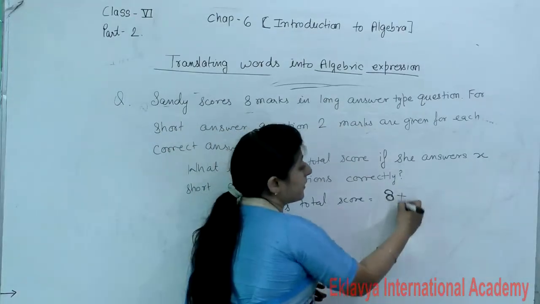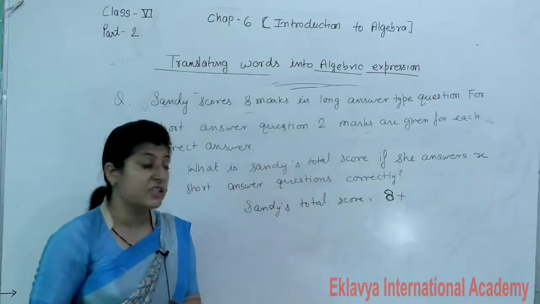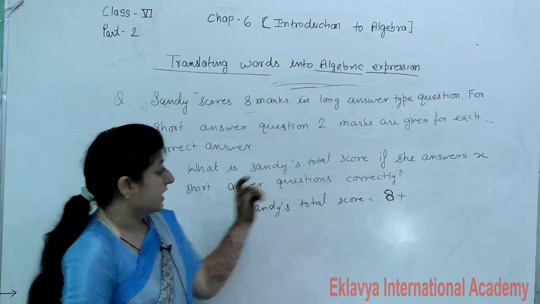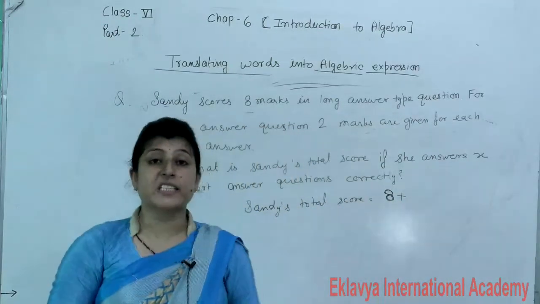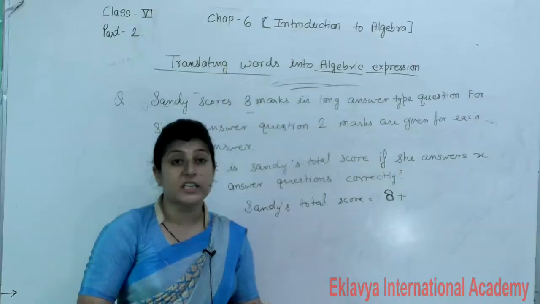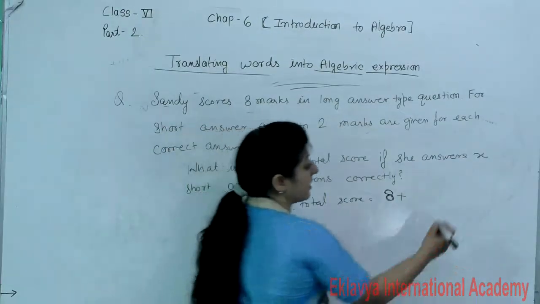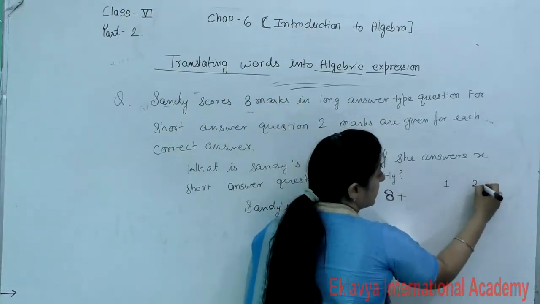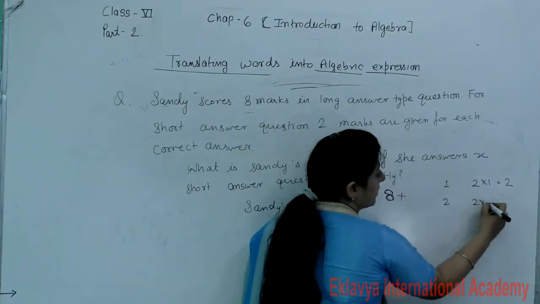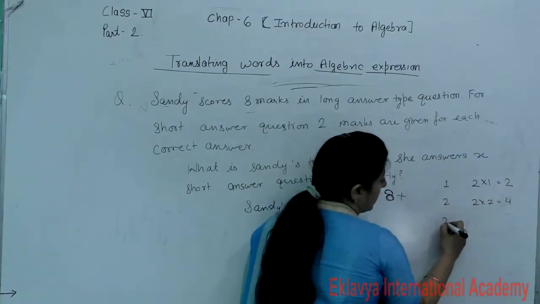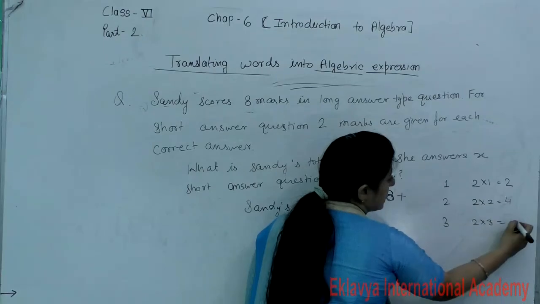For short answers, how many correct answers did she give? x correct answers, and each correct answer is 2 marks. Suppose if she had given one correct answer, her marks would be 2 into 1, 2. If 2 answers, 2 into 2, 4. If 3, 2 into 3, 6.